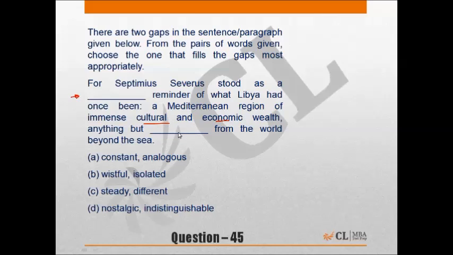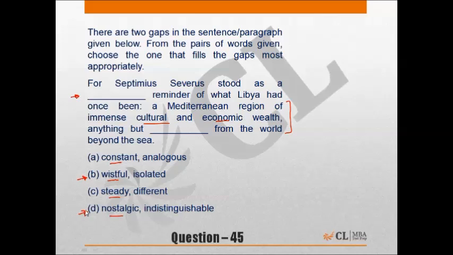Let's go through the choices and try to fit in the first word. For Septimius Severus it stood as a constant reminder, yes, possible. Wistful, yes. Steady reminder, also correct. Nostalgic reminder, all four seem to be correct. But when I look at the second part, I am a little more inclined towards the words wistful and nostalgic.